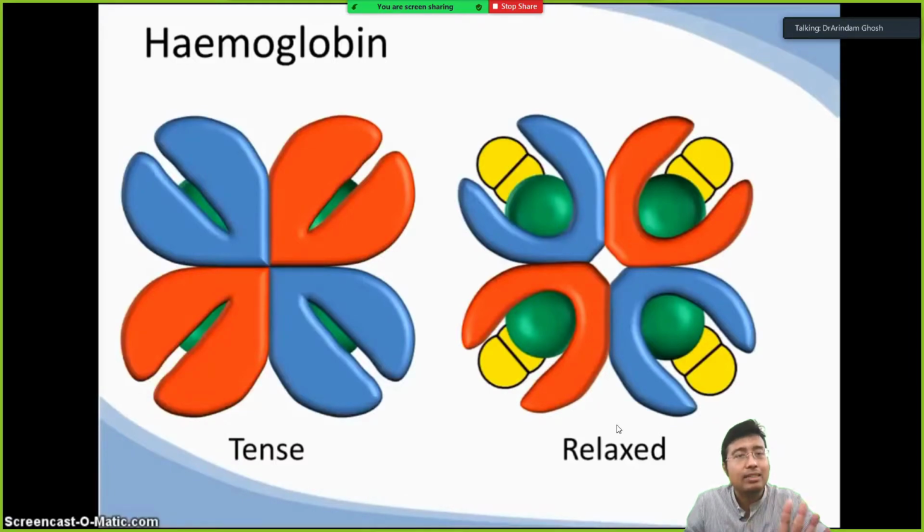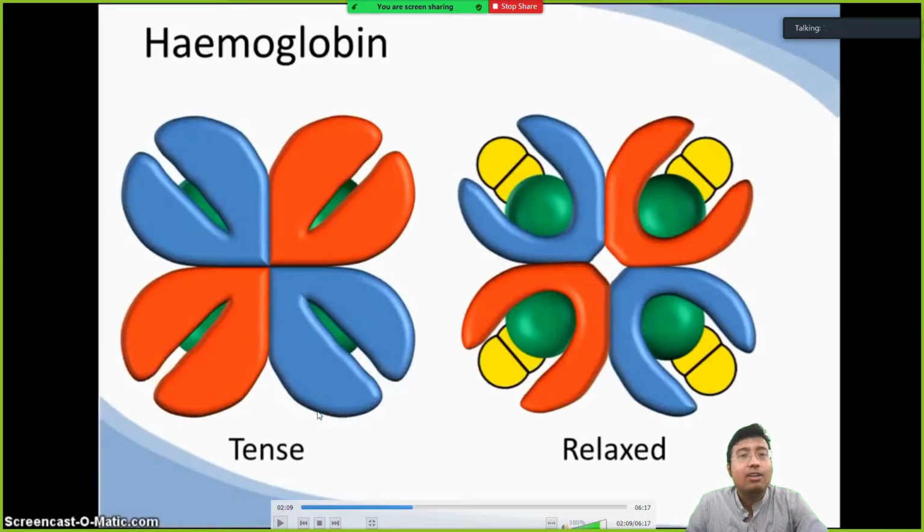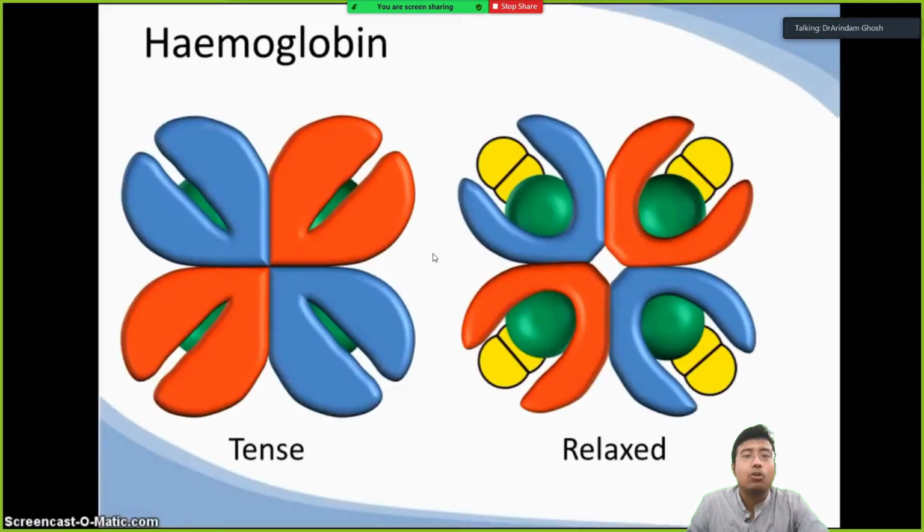Again, I will explain what the T and R forms are and discuss the difference. Just remember for now, the deoxygenated form is the tensed form and the oxygenated form is the relaxed form.